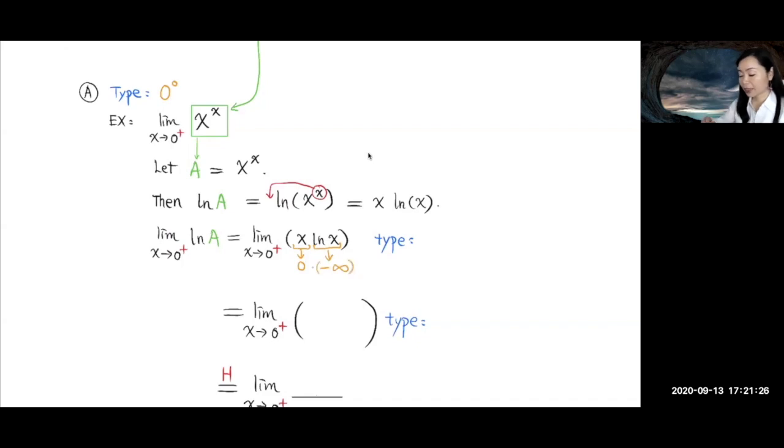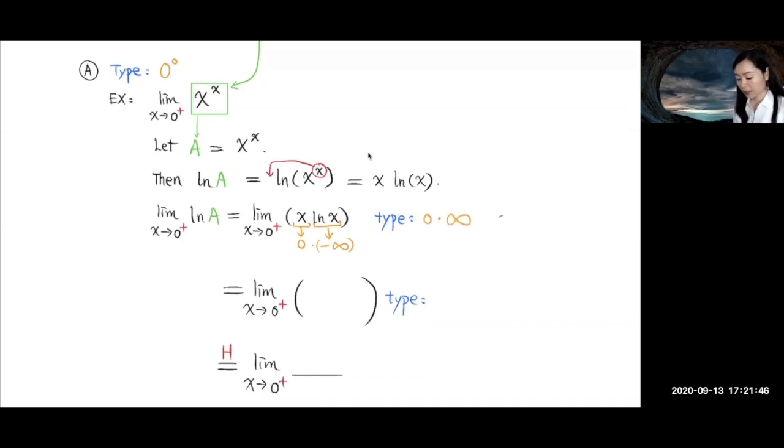So this is the type 0 times infinity. Remember, 0 times infinity also includes 0 times negative infinity. This is an indeterminate product. You cannot rush to the hospital yet. We need to apply some CPR before we apply L'Hopital's rule.